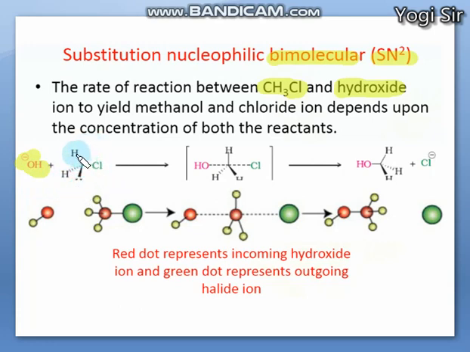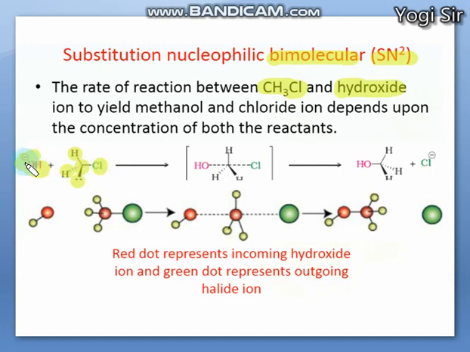You can see three hydrogens and one chlorine atom, with a carbon atom in the center. Now this OH will get attracted towards the central carbon, as we know that carbon is partially positive and halogen is partially negative.